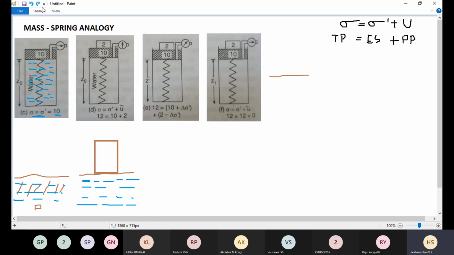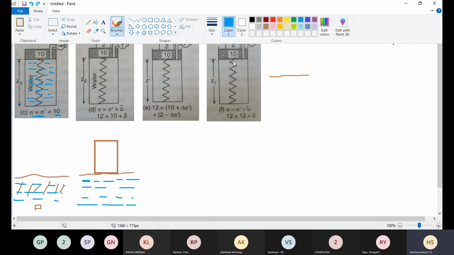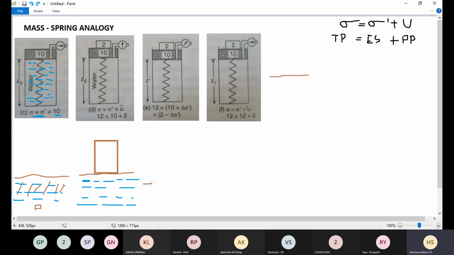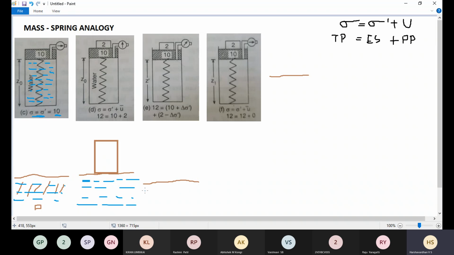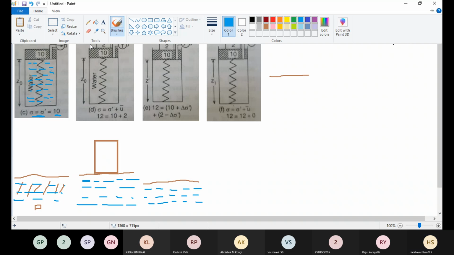When the water gradually moves out, the soil gets compressed, the volume is going to decrease, and as the water is expelled out of the soil system, the extra pressure due to the weight of the building is transferred to the soil mass.